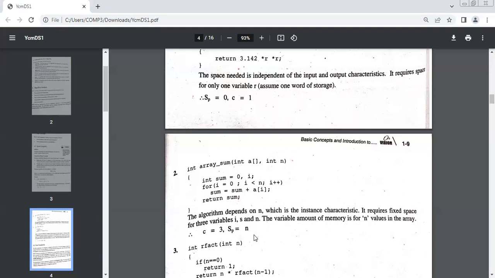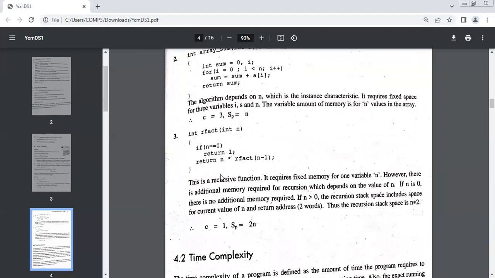We don't know how many numbers there are in the array, so the variable part depends on n, and the constant part is i, n and sum. So the constant is 3 and the variable part is n. By adding these two, we get the space complexity. Clear?